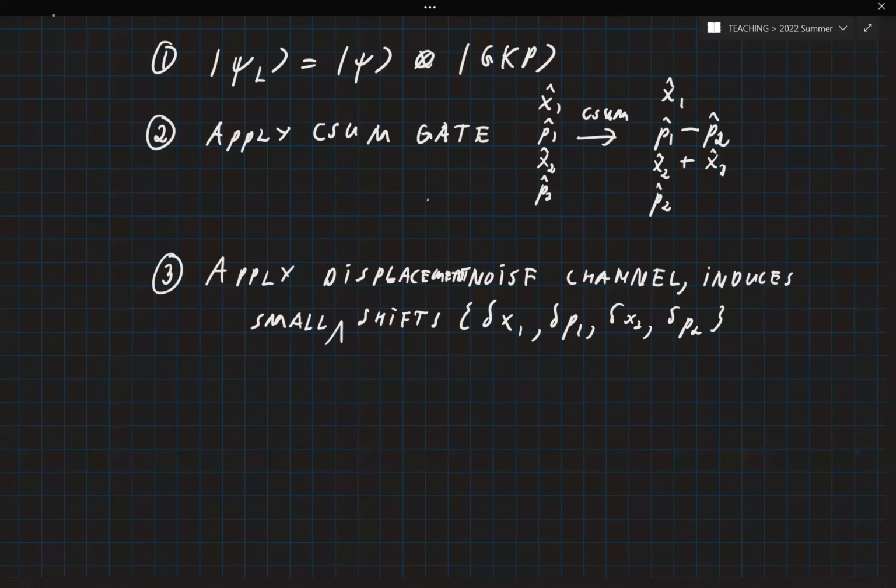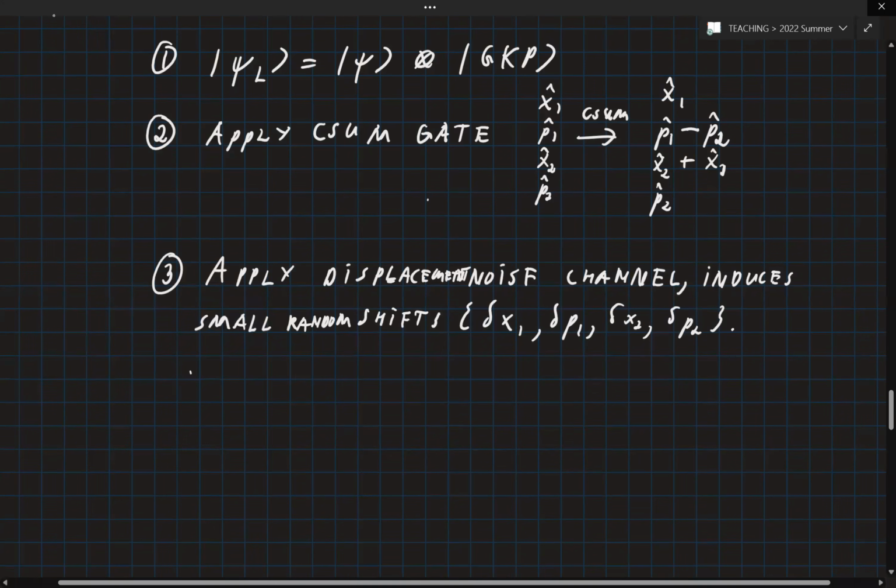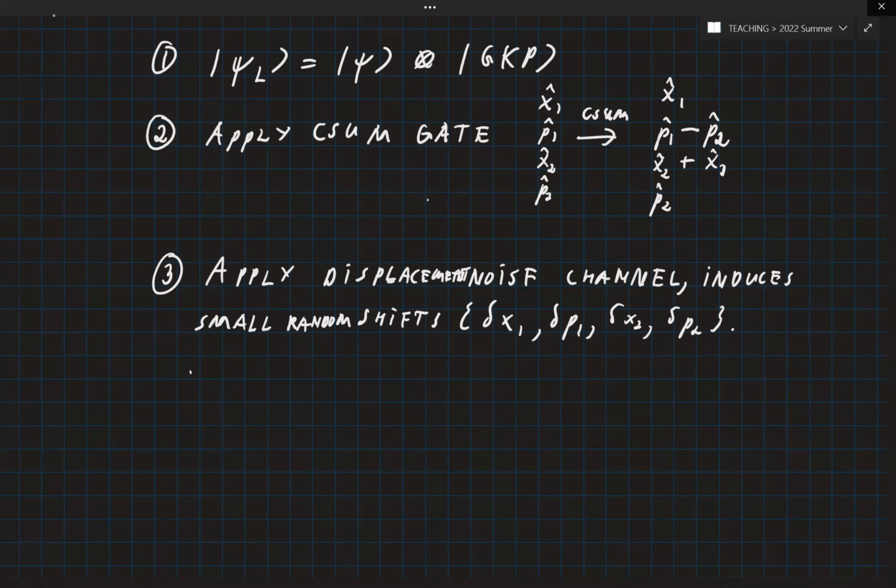Small random shifts. And these random numbers are distributed with mean 0 and some standard deviation, sigma.